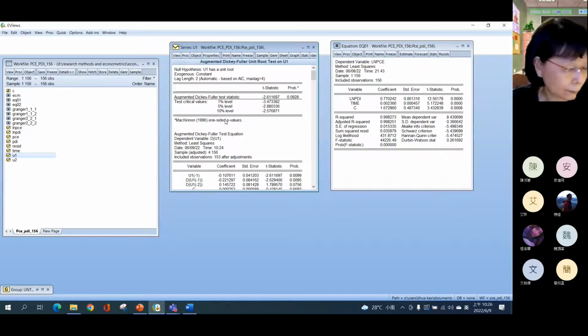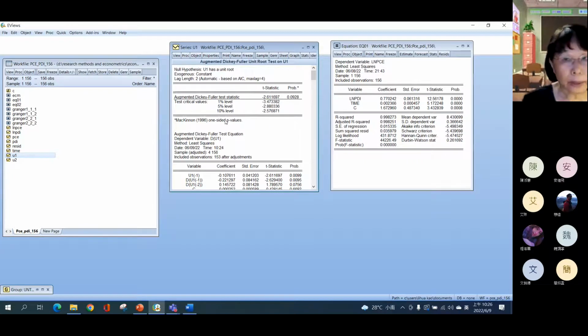So we know that although LMPCE and LMPDI are definitely non-stationary, the residual U1 can be thought of as stationary.